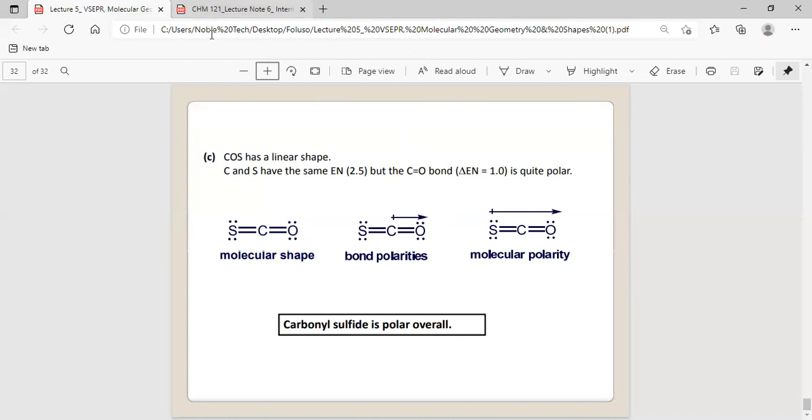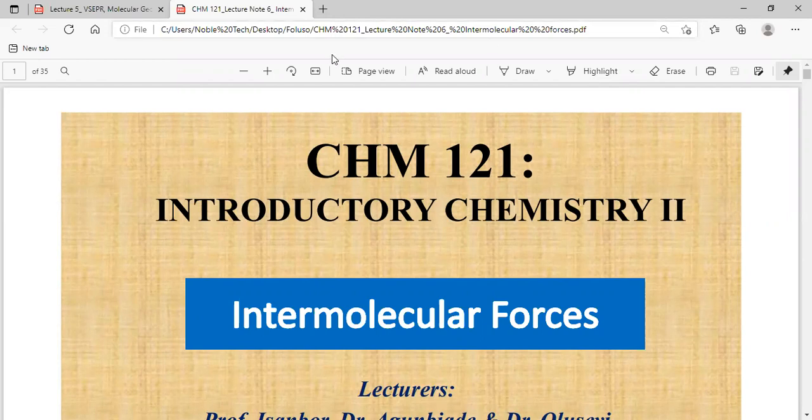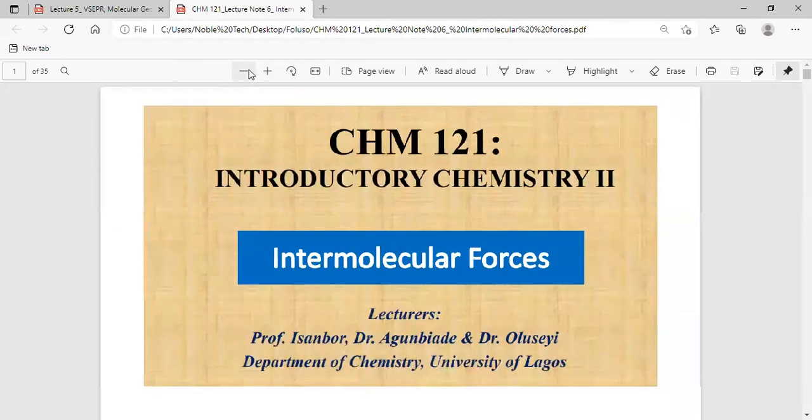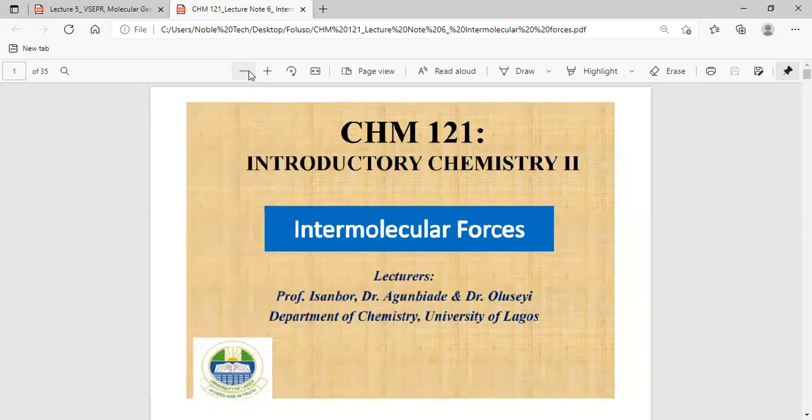So that ends the notes that we've just talked about. I will go to the new concept that is a result of polarity and the shape of the molecule. In this current class, we will look at intermolecular forces. That is the main topic for today.